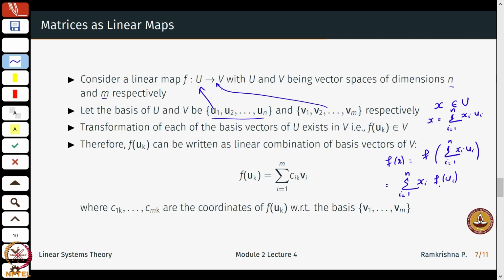Now, what does f do? It takes elements from u and gives me elements in v. So f of ui will necessarily belong to v.